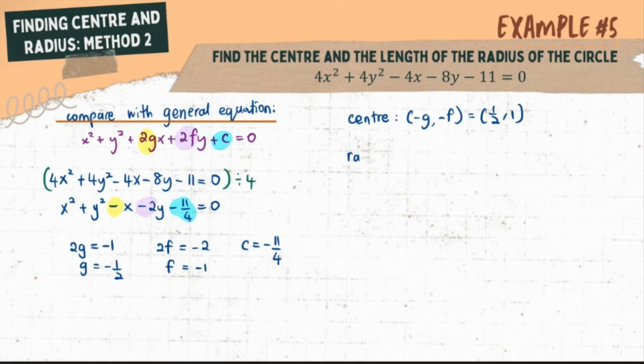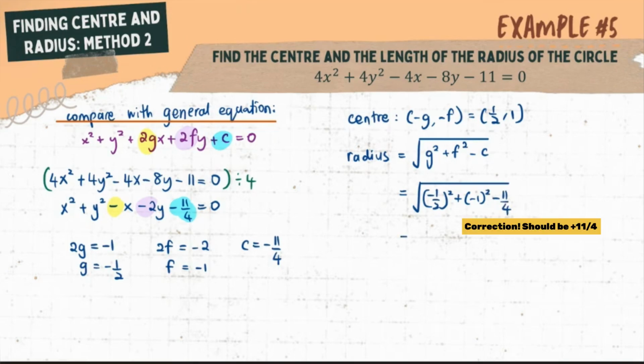And untuk radius pula, the formula will be g squared plus f squared minus c. And then kita ada square root. Okay, so kita letak square root of negative 1 over 2 squared plus negative 1 squared minus 11 over 4.